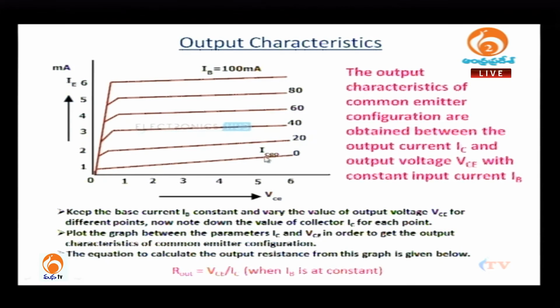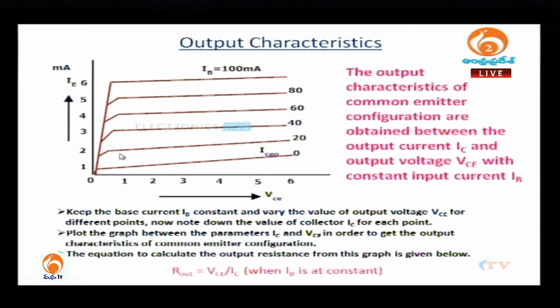This is ICEO, the collector to emitter reverse saturation current when the base is open. Below this curve the transistor is cut off. When we increase the base current to say 20 milliamperes, we see that the curve has shifted up.